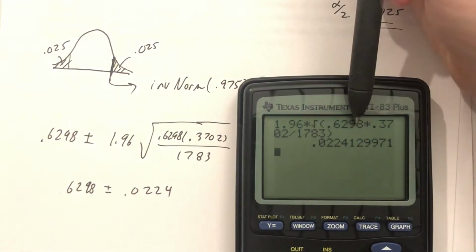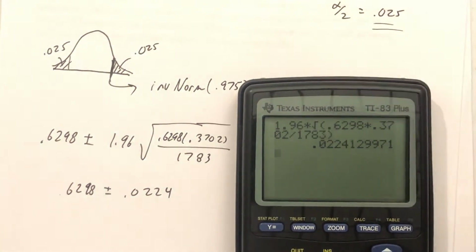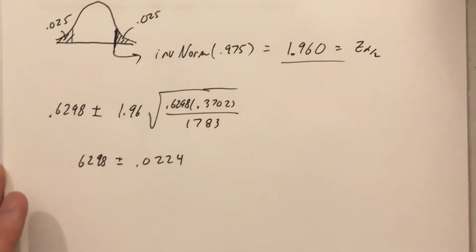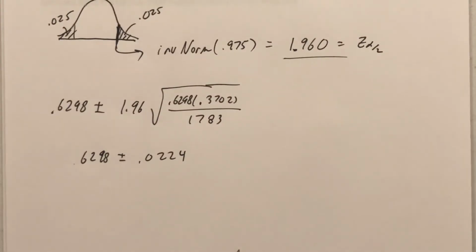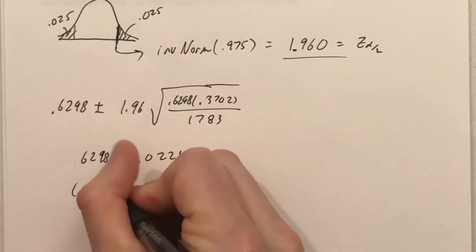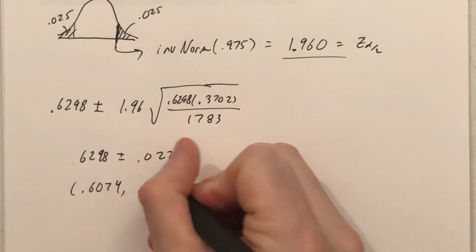So just decimal times decimal divided by 1783, and then that closes the whole square root. So that gave me my value there. And now we can do the 0.6298 minus the 0.0224. So that's going to be my lower bound of 0.6074. And I'll just go in and change that to a plus and get 0.6522.